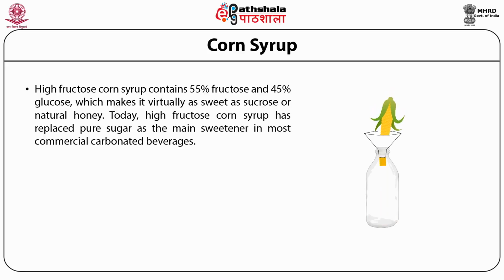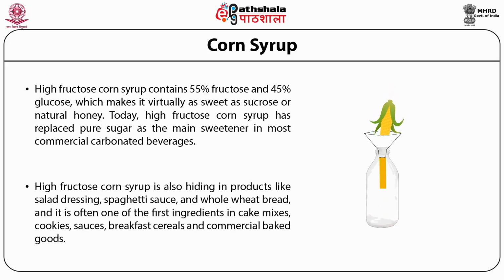Today, high fructose corn syrup has replaced pure sugar as the main sweetener in most commercial carbonated beverages. High fructose corn syrup is also hiding in products like salad dressings, spaghetti sauce, and whole wheat bread, and it is often one of the first ingredients in cake mixes. Cookies, sauces, breakfast cereals, and commercial baked goods also contain corn syrup.